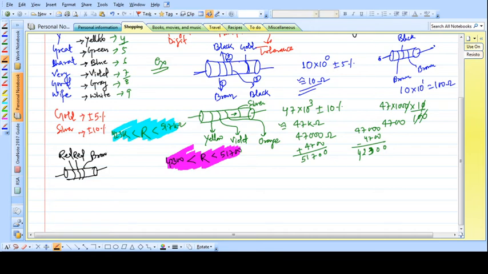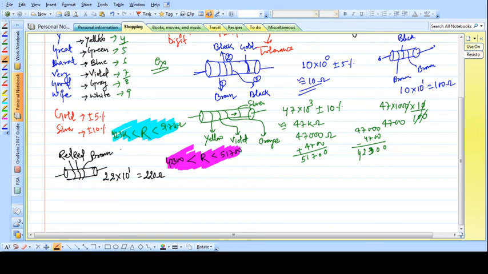I am not writing the tolerance one, just for practice. Red means 2, red means 2, and brown means 10 to the power 1, so 220 ohm resistance. So this is the 4-band.